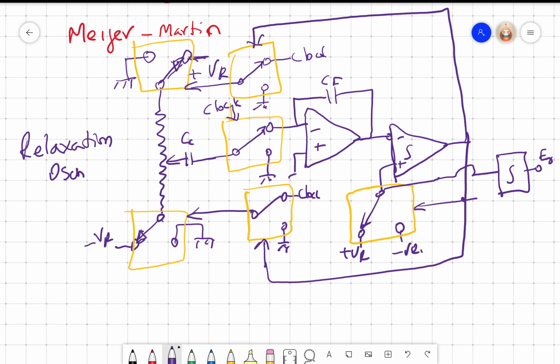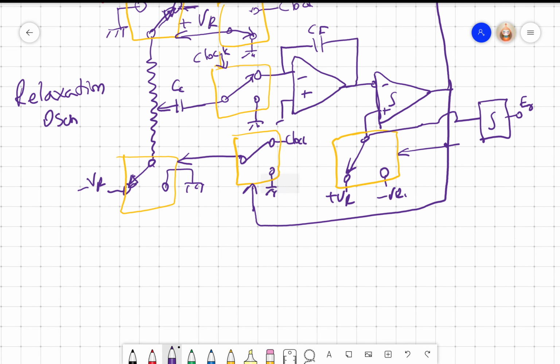The position is like this, and this position will be like this, right? And so every time I give a clock, if clock is 1, I assume whenever clock is 1, this is the position.